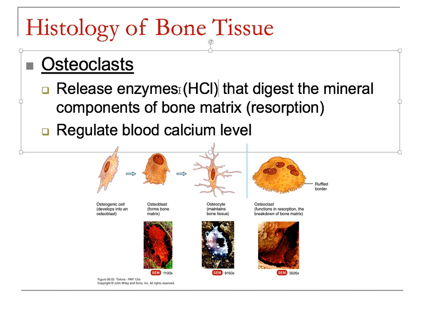So you can see what's going to happen here. If osteoblasts take calcium and phosphate out of the bloodstream, osteoclasts take calcium and phosphate out of bone, and you have this dynamic. And now this gets me to draw this cartoon.